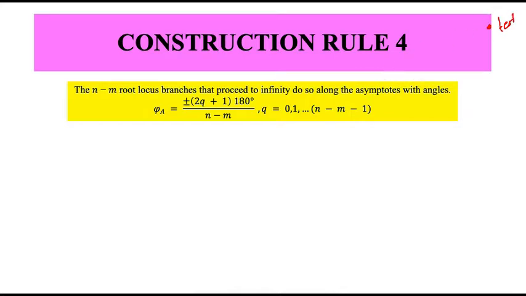Say I have a sigma and j omega plane, and this is my infinity here. There is a point, say s naught, at infinity. I am taking the test point as s naught.